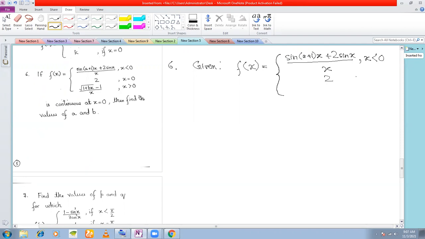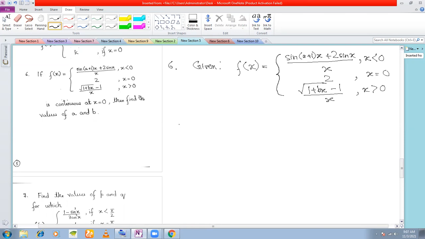Is equal to 2 when x is equal to 0. And is equal to root of 1 plus bx, minus 1, by x. This is for x greater than 0. So if f(x) is continuous at x is equal to 0, so it is given to you that it is continuous at x is equal to 0, you need to find a value of a and b.